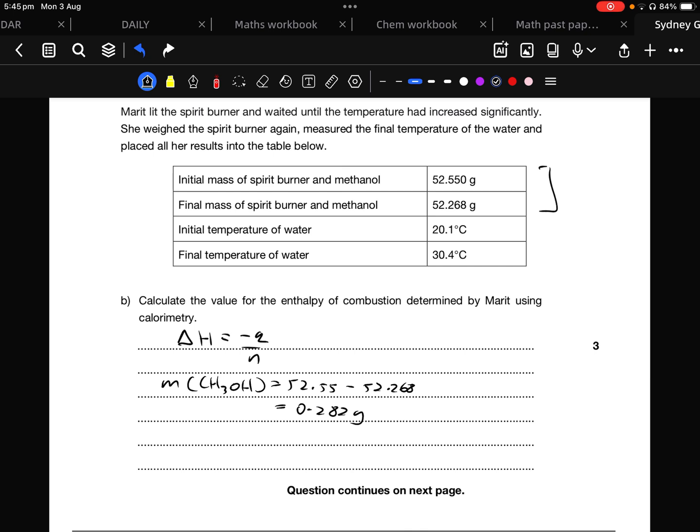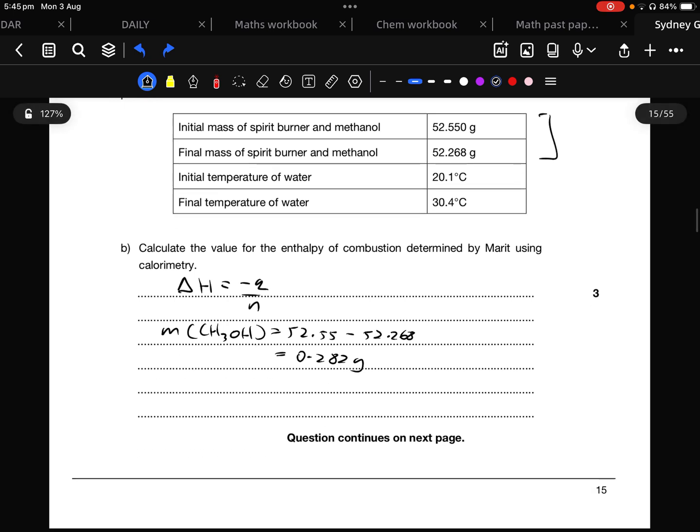So the total amount of methanol burnt is 0.282 grams. With the mass of methanol used, now we can calculate the moles, which is our first step in calculating delta H.